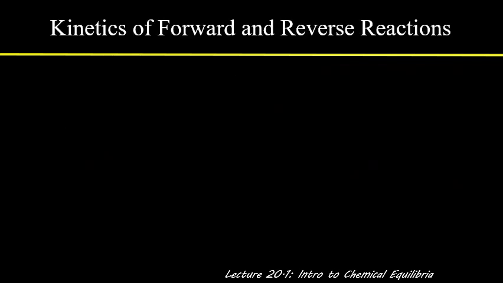All right. As you remember from the chapter on kinetics, in general, it's not possible to look at a reaction and immediately know what the rate law for that reaction is. In order to do that, you have to know something about the mechanism. But if you know the mechanism, then you can write a rate law.